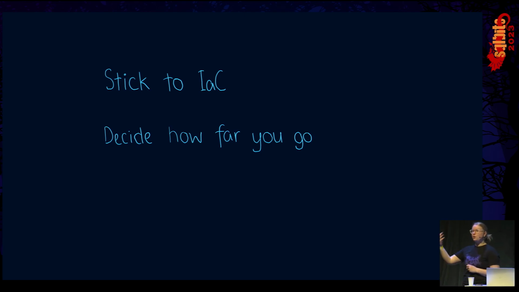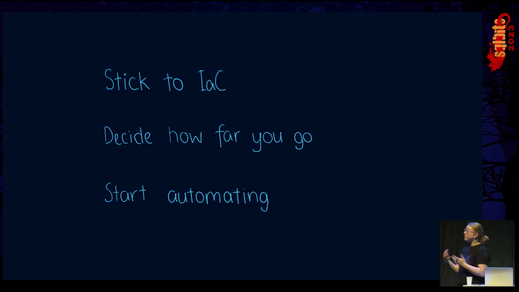For example, do you also want to deploy the Databricks-specific resources with infrastructure as code? The same applies to Synapse and Data Factory and things like that, where you have resources in those services. So figure out how far you want to go with the specific tool that you choose. And lastly, once you do start to use infrastructure as code, the most benefit you get is when you also start automating and bring that to life.